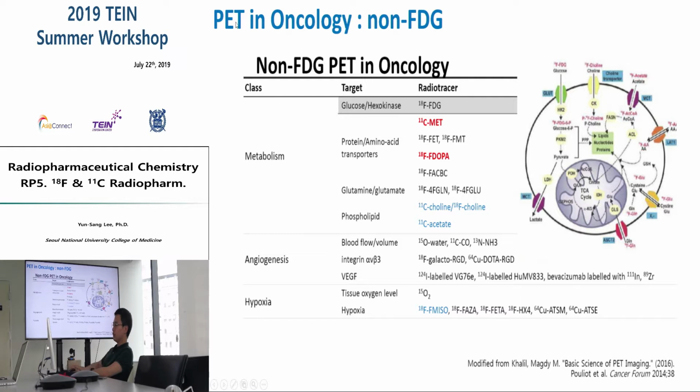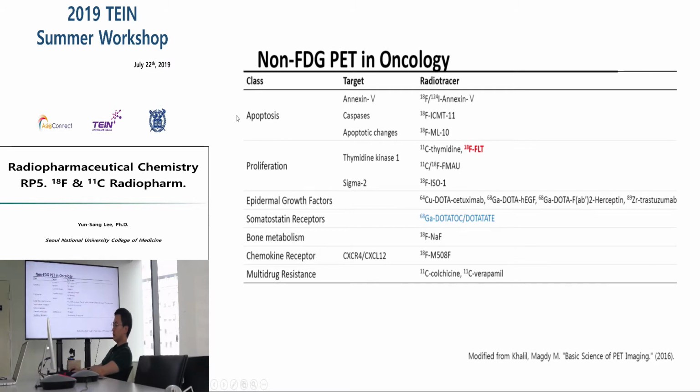Some agents target the tumor by metabolism, some by increased angiogenesis, and some by hypoxia. And there are also agents targeting apoptosis, proliferation, epidermal growth factor, somatostatin receptors, bone metabolism, chemokine receptors, and also multi-drug resistance. So these all can be candidates for imaging tumors.